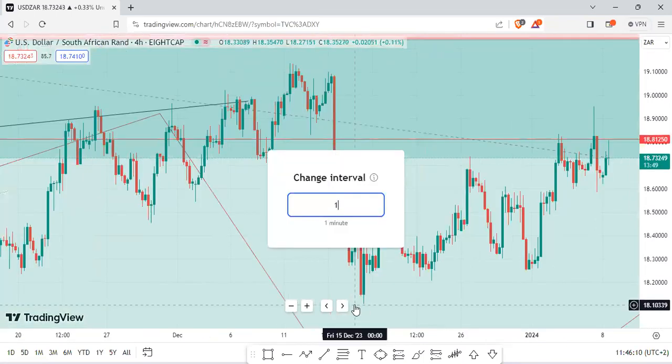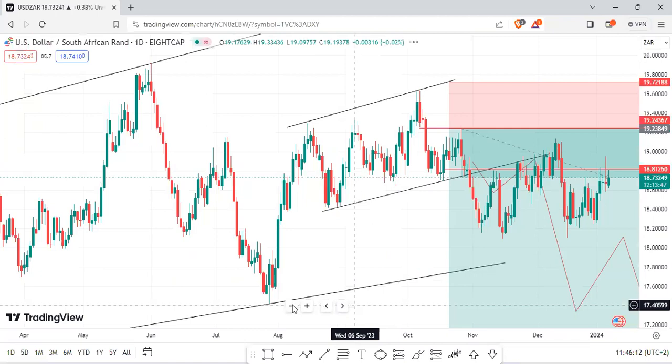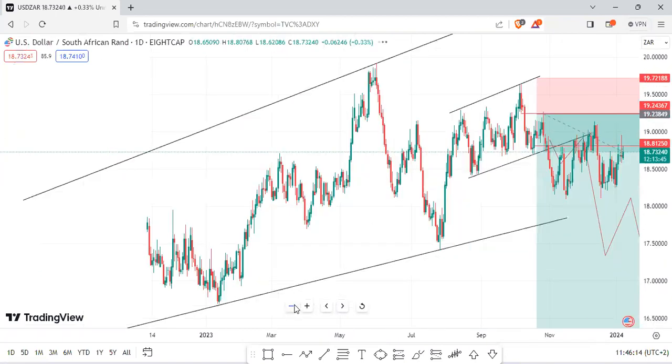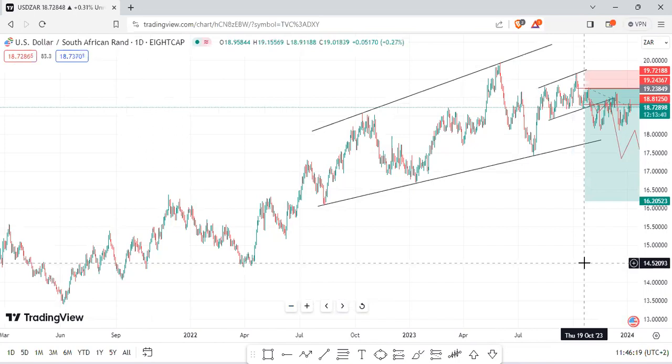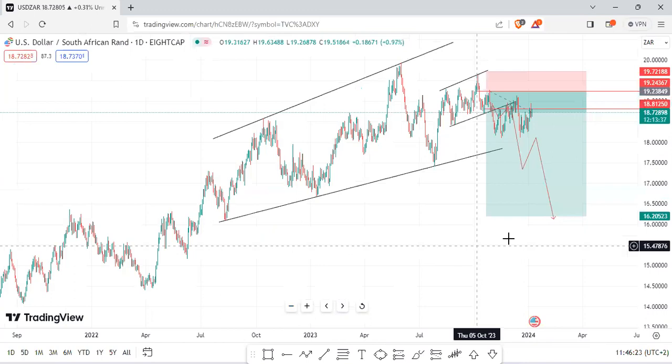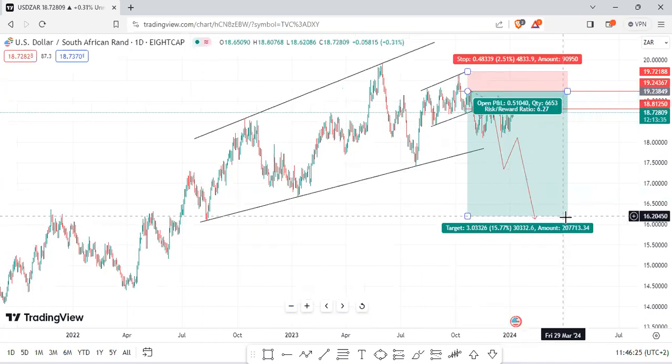Day chart. This setup was put in place last year, 19 October 2023. And I had anticipated that the rand will fall to like 16 rands.